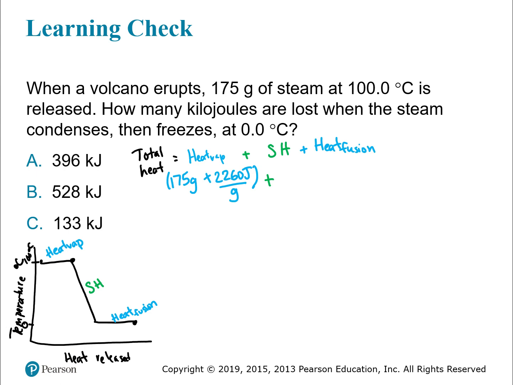For the specific heat, we need the mass times our temperature change, that's 100 degrees.